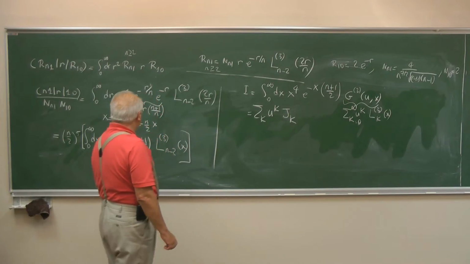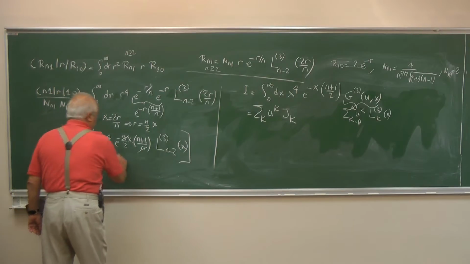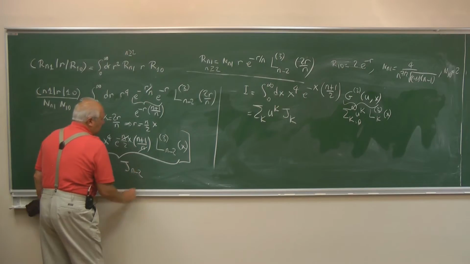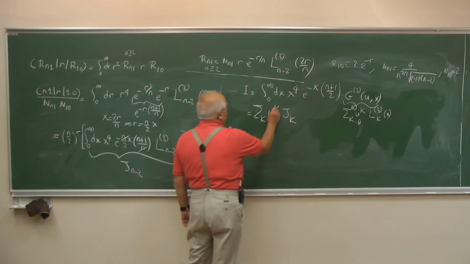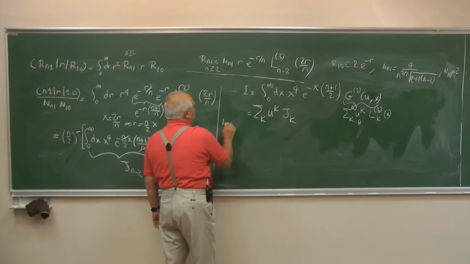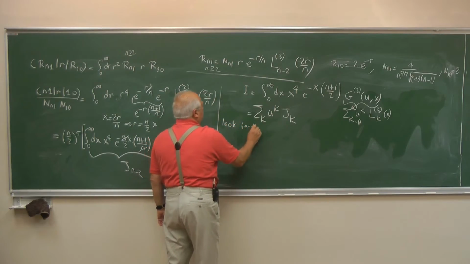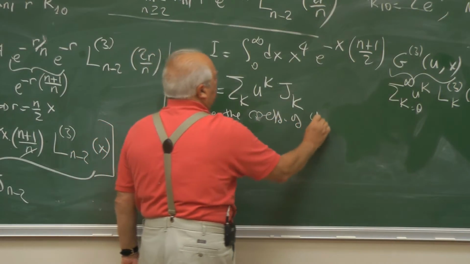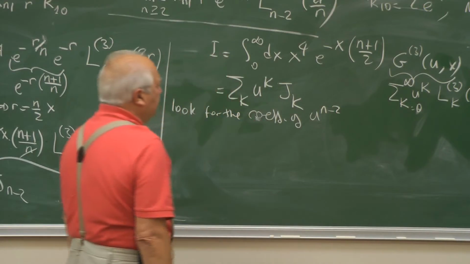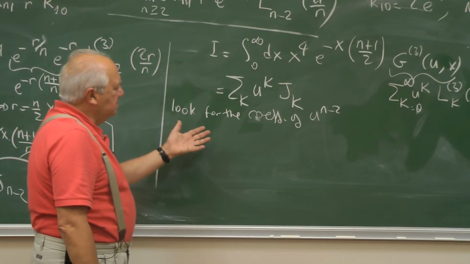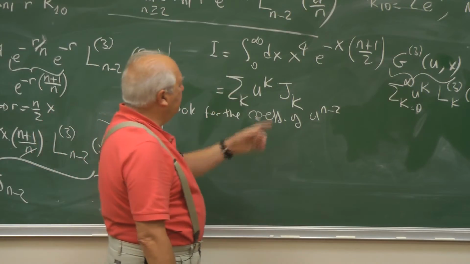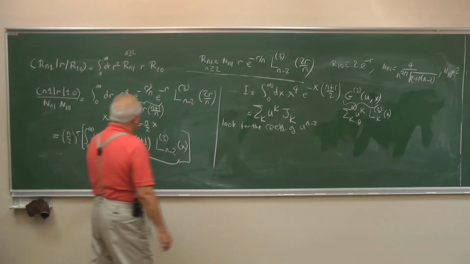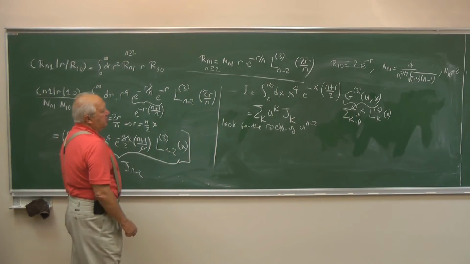Therefore, this integral becomes the sum over k of u to the k j k, and we need j n minus 2. So we need to look for the coefficient of u to the n minus 2. This is what we will do. That means we will take the integral, expand it in u, and then look at the coefficient of u to the n minus 2. That will be j n minus 2, and we will just take it and plug it in here.